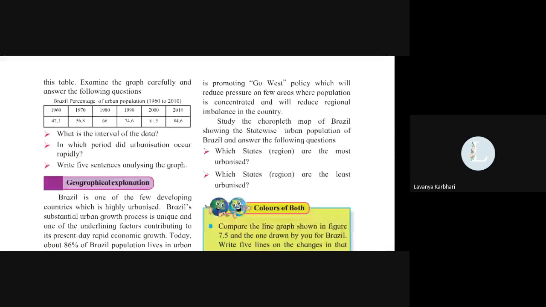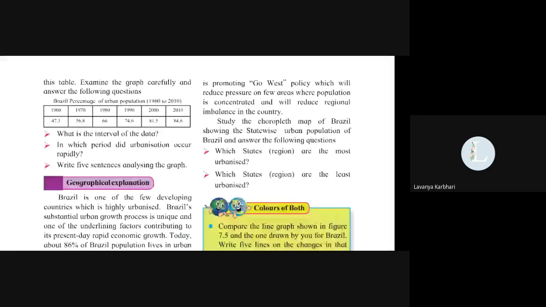Okay, already we have seen that there is a regional imbalance in Brazil. That is, only the southeast part or the southeast coastal area of Brazil is populated, and all other parts are very sparsely populated, with very few people living there. So the government is promoting the go west policy.